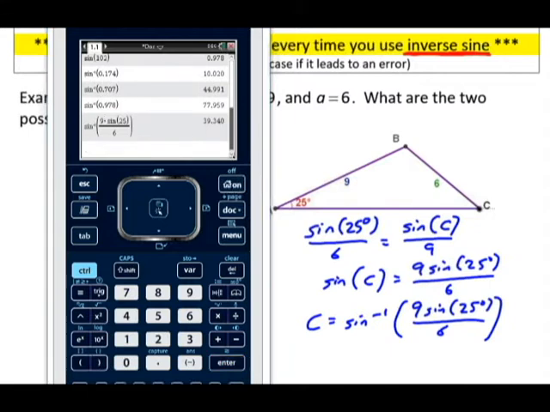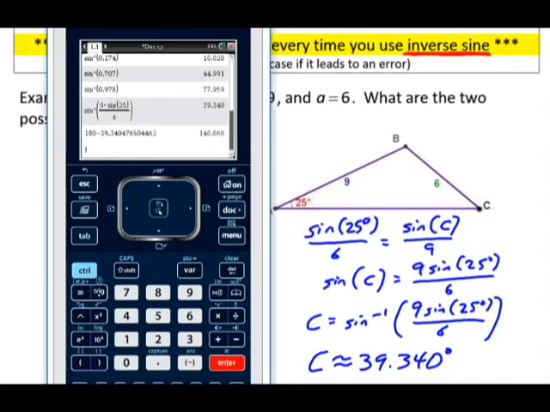So, as expected, we got an acute angle, 39.340 degrees. Now, the sine of another angle, an obtuse angle, is going to have the same value, and so we subtract from 180, and here's our second solution.